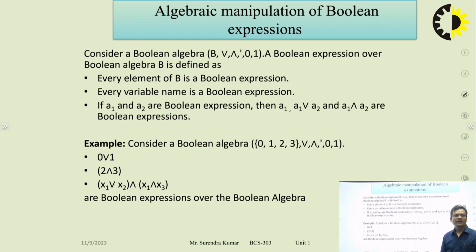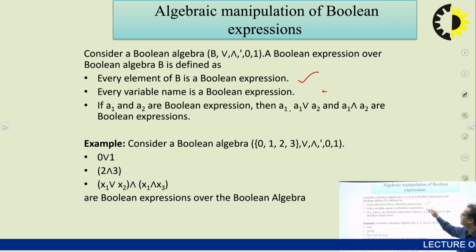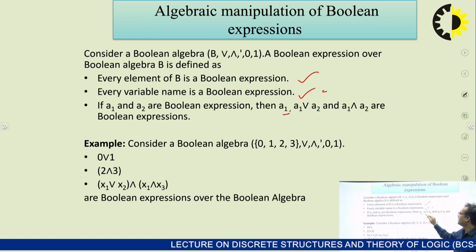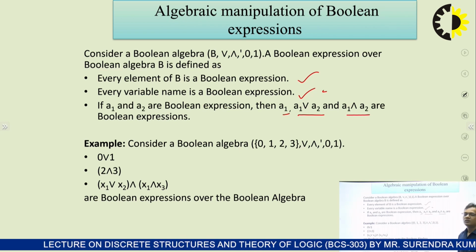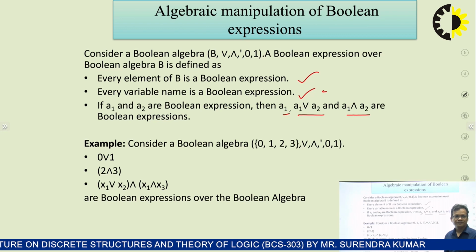Every element of B is a Boolean expression. A single element is also called a Boolean expression. Every variable name is a Boolean expression again. If A1 and A2 are Boolean expressions, then not A1, A1 or A2, and A1 and A2 are also Boolean expressions.